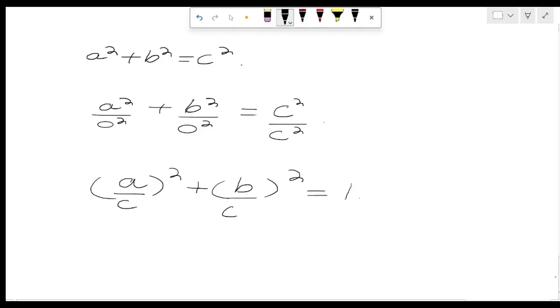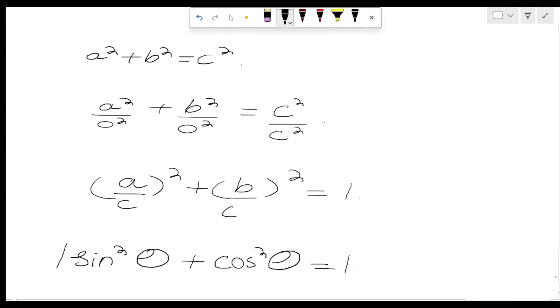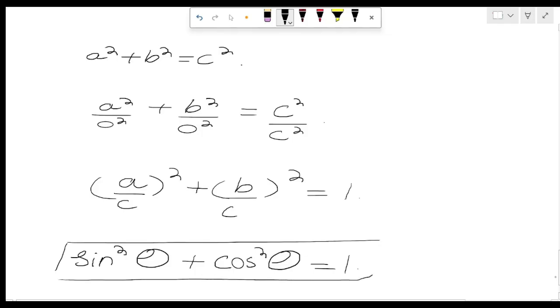So we can write sine theta whole square, or sine square theta, and that will be added with the value of B over C. B over C is equal to cos theta. So we can write cos theta whole square, or cos square theta, and that is equal to 1. So this is the derivation of the new formula. Sine square theta plus cos square theta is equal to 1.